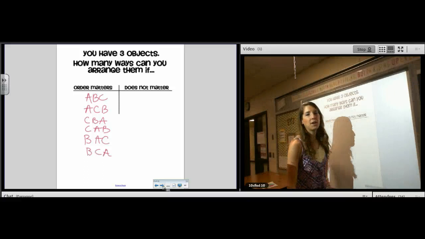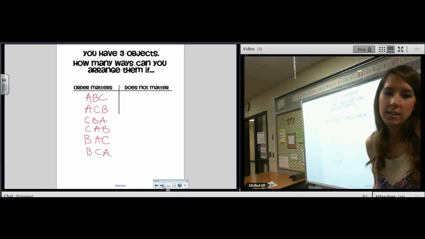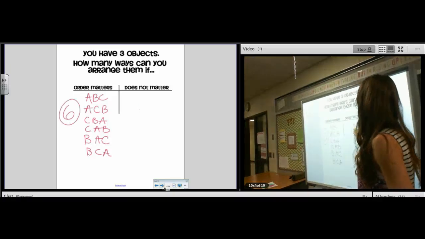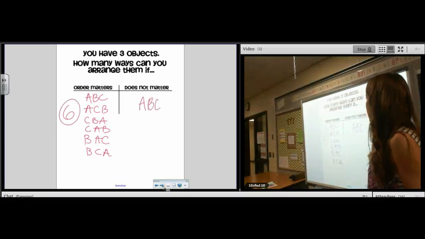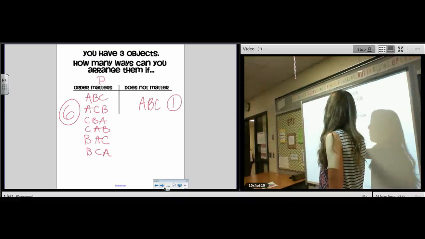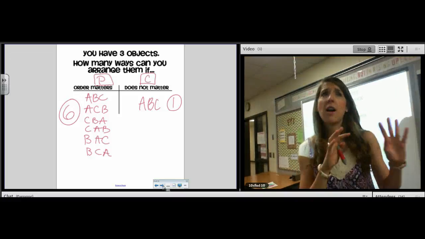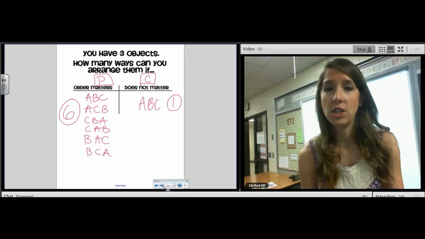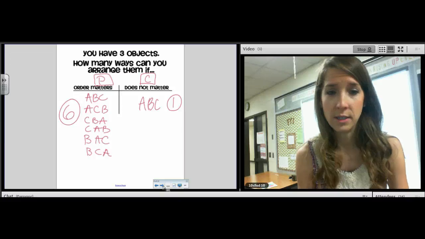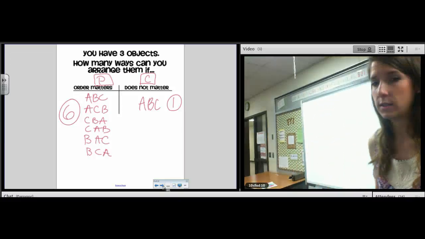So if order matters, I can arrange them in 6 ways. Now, if order doesn't matter, I mean, if I've got 3 letters, I'm choosing 3 of them, there's only 1 way. So this is our permutation, and this is our combination. So when you're talking permutation versus combination, there's always many more permutations than there are combinations. There's always less combinations, more permutations.